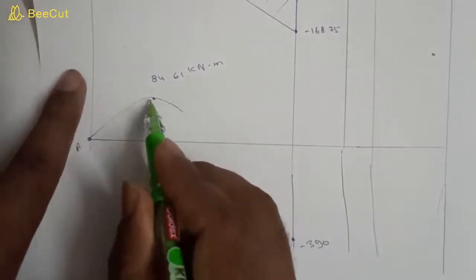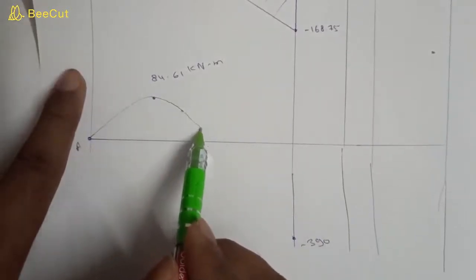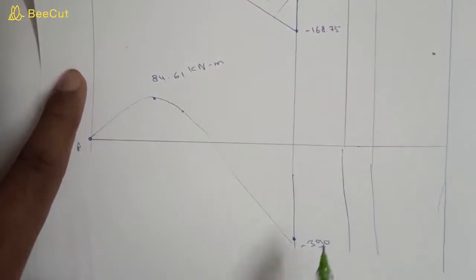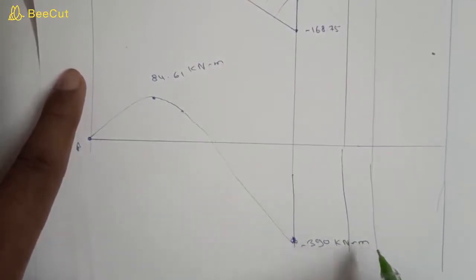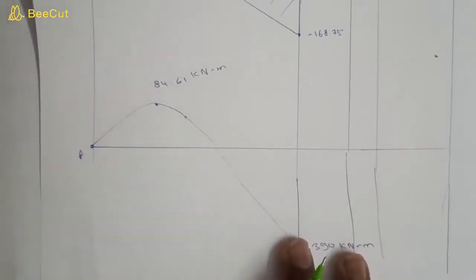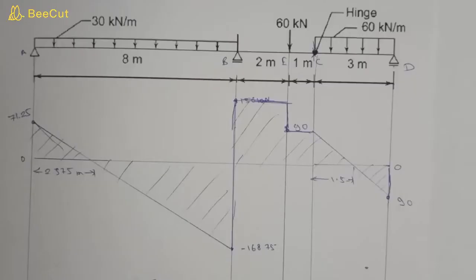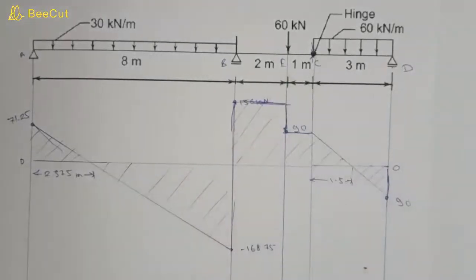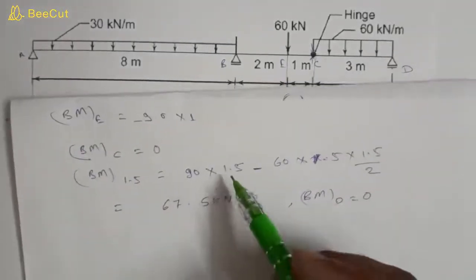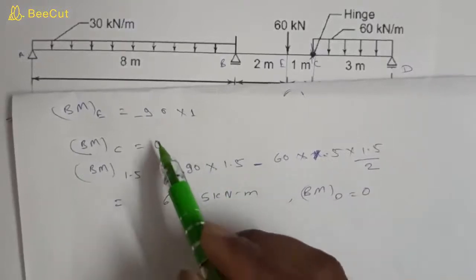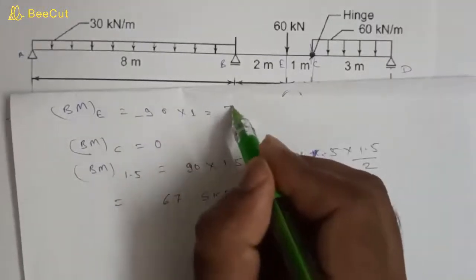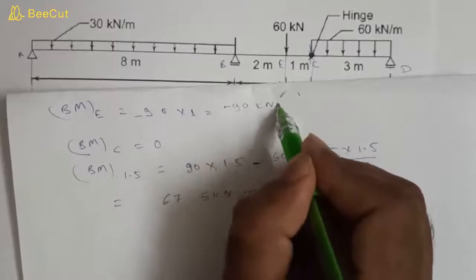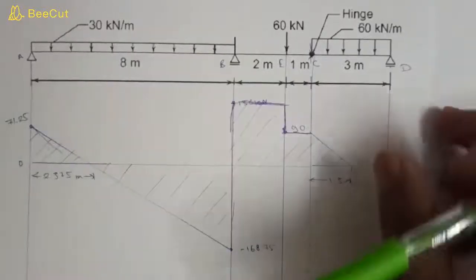It will become maximum at this point, then it will come up to here, minus 390 kilonewton meter. Now we have calculated bending moment at point E, which is equal to minus 90 kilonewton meter. So we will write here minus 90.